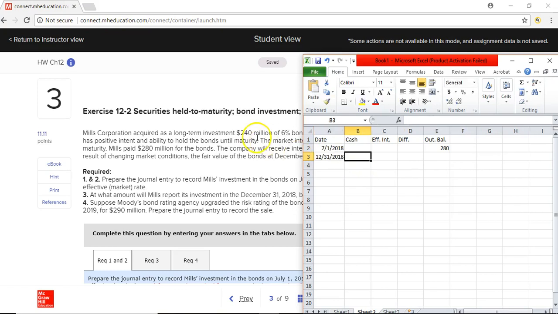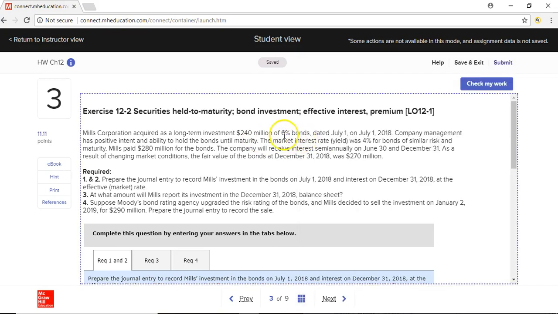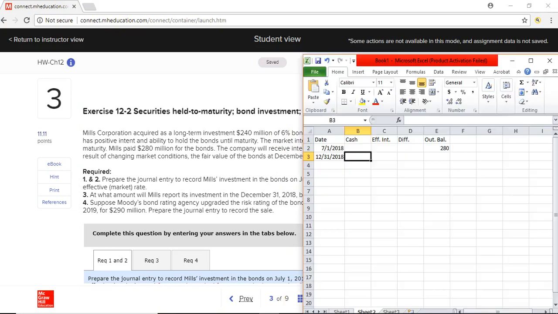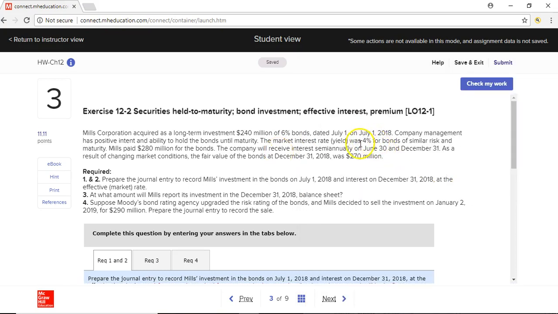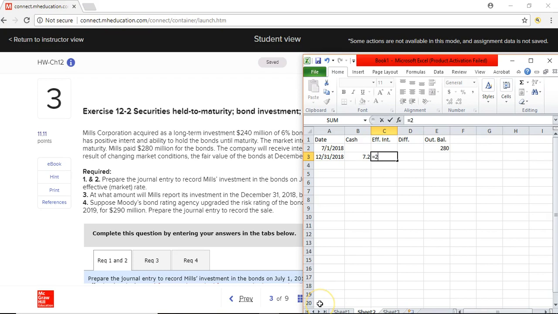They will pay face value multiplied by the stated rate. The stated rate is 6%, but semi-annually, so 3% multiplied by the face amount, $240 million. Effective interest will be the market rate 2% multiplied by the previous balance. And the difference will be the larger number minus the smaller number.